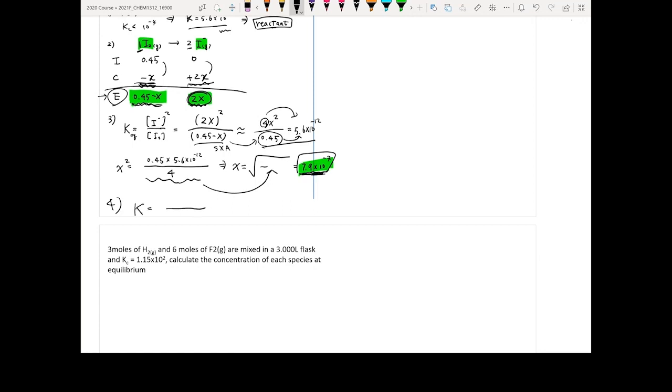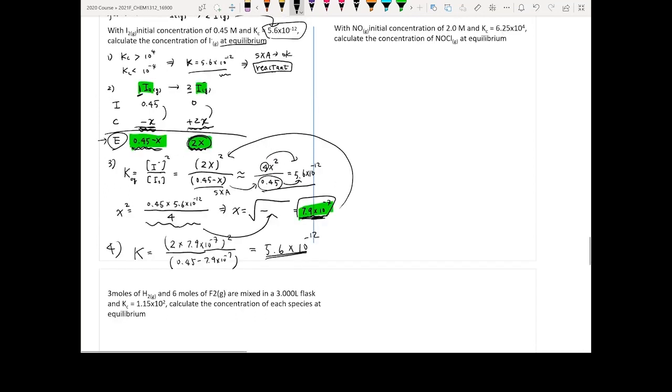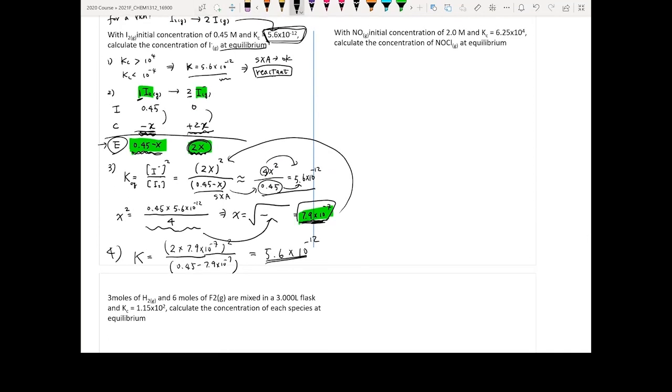Because if this is correct, then when I plug back into my equation, which is 2 times 7.9 times 10 to the negative 7 raised to the second power, divided by 0.45 minus 7.9 times 10 to the negative 7, I should get back a number that agrees with the equilibrium constant provided in the question. When you do these calculations, you'll find the value is 5.6 times 10 to the negative 12, which is exactly the same as this. Then you have done everything properly.